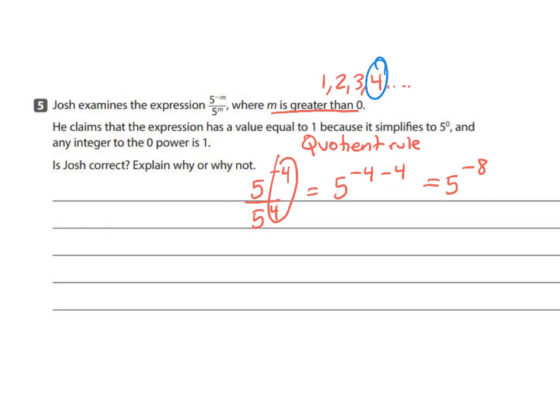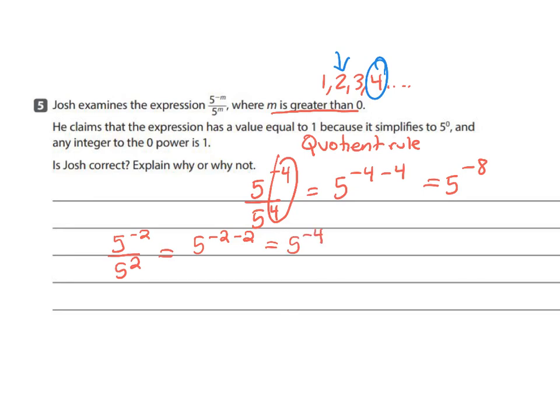Let's go ahead and try one more. So let's say I like the number 2 because I like the square root of 4. So 5 to the negative 2, right, because it's negative over 5 to the 2. So I'd end up with 5 to the negative 2 minus 2. Oh, that gives me negative 4. I don't think he's right.